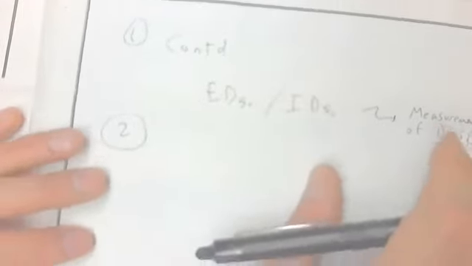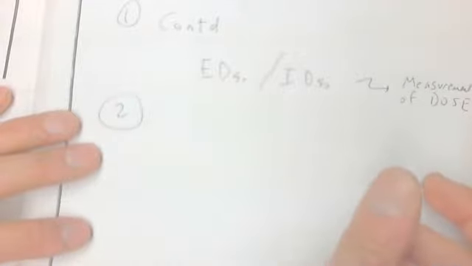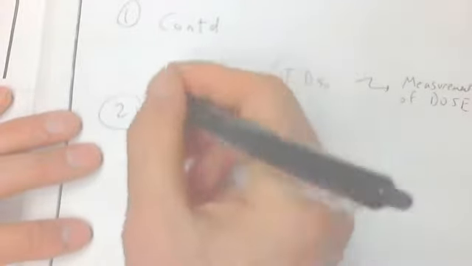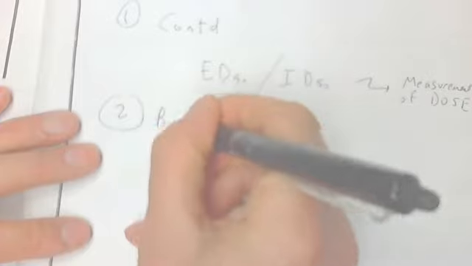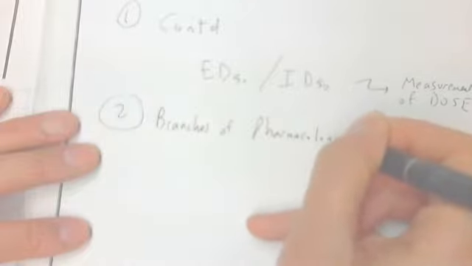Two key aspects of pharmacology, all right? So, branches of pharmacology. First one is called pharmacodynamics.